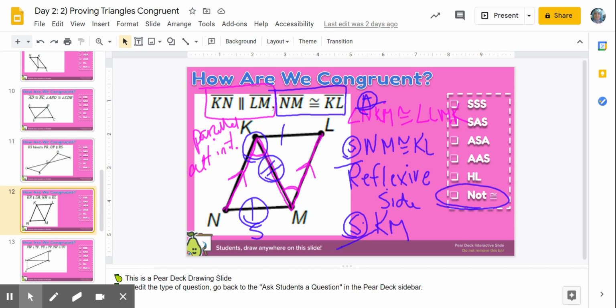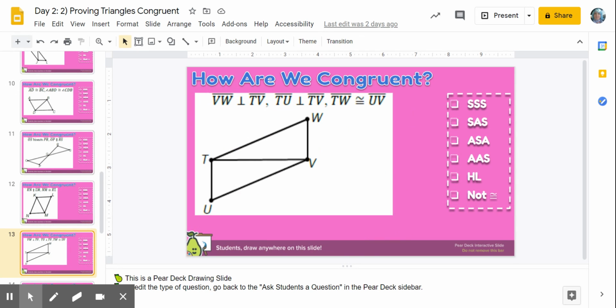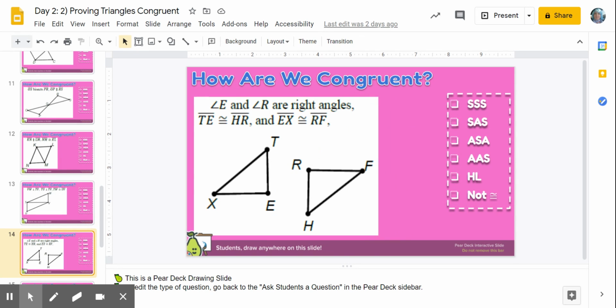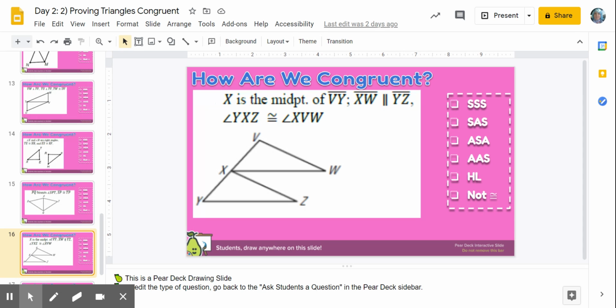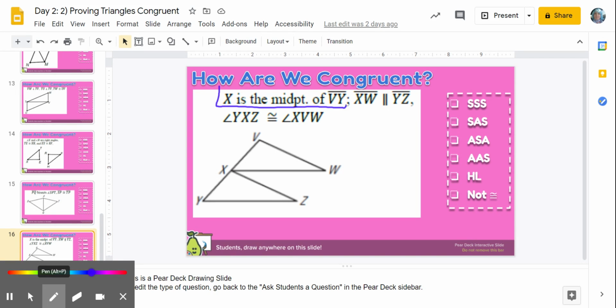The next one I wanted to talk about was 16. So if you want to talk about 13 or 14 or 15, let me know. But I wanted to talk about 16. So what can I mark because X is the midpoint of VY? What's the so what there?